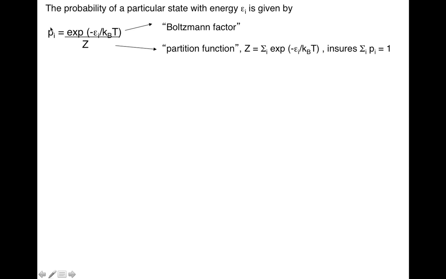And the probability of that state is given by e to the minus the energy of that state divided by Boltzmann's constant times the absolute temperature. And it's normalized, and that's divided by something called the partition function, which is a sum over all these possible states. And that's basically a normalization factor so that the total probability has to sum to 1 over all the different states.